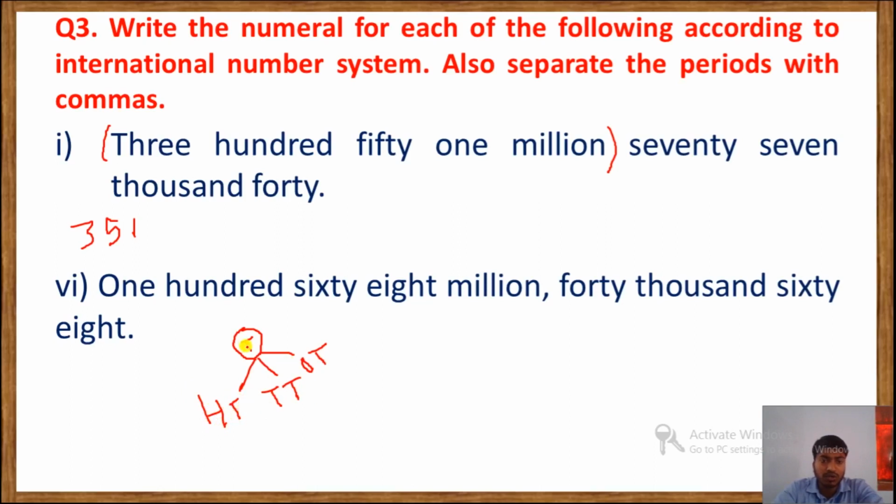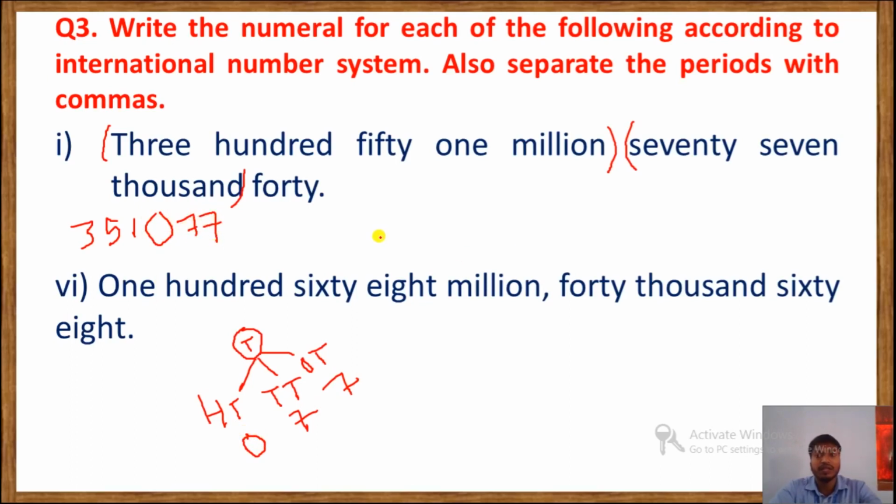So in 10,000 we will write 7, and in 1,000 we will write 7. Okay, and for 100,000 we don't have any value, so we will write here 0. So this will be like this, 0 7 7.